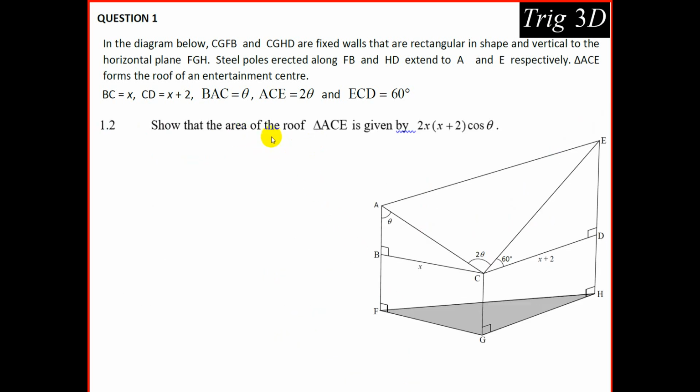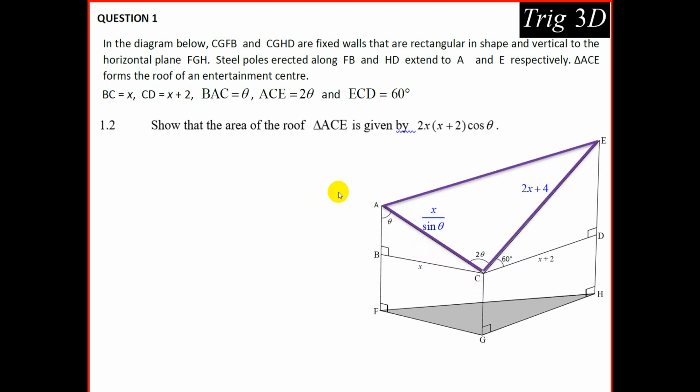The question is to find the area of the roof, ACE. And we need to show that it is actually 2x brackets x plus 2 cos theta. So let's see what we found in the previous question. AC was x over sine theta and EC was 2x plus 4.